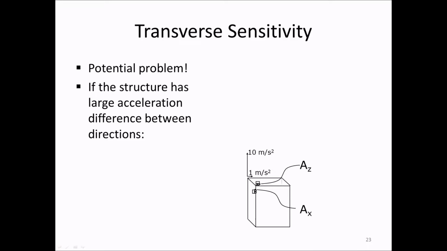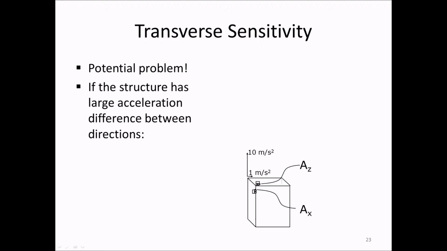Now, here is why the transverse sensitivity can be a problem if the structure has much different vibration levels in different directions. Assume that the structure has a vertical vibration level of 10 meters per square second and a horizontal vibration level of only 1 meter per square second. And we want to measure both simultaneously.